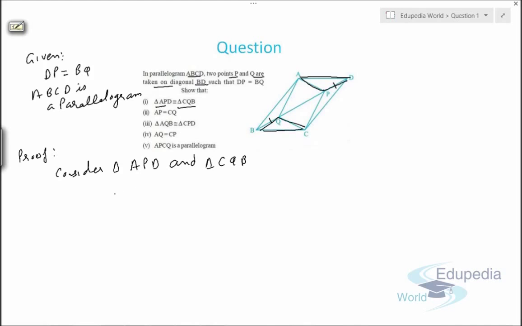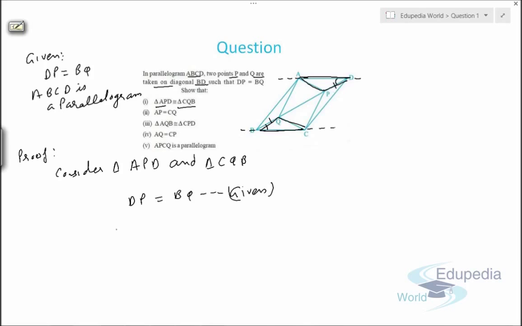Now in this triangle it's given DP equals BQ. Now we can say that this angle equals this angle. Why? Because these two lines are parallel, since ABCD is a parallelogram and BD is a transversal.